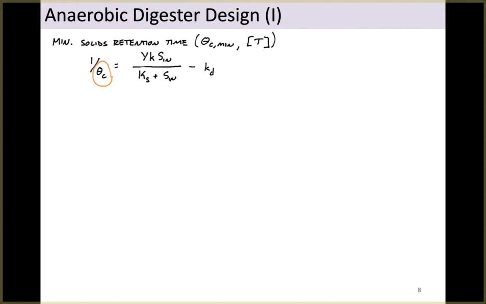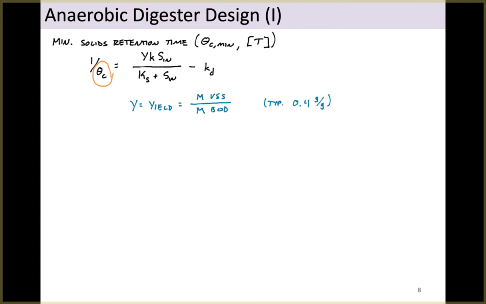So the minimum retention time to achieve washout is the case when growth and death are balanced, as we see on the right-hand side. Just to give you a reminder of what these things are, Y, capital Y is yield, and again that relates the mass of BOD in the denominator per mass of volatile suspended solids that you can generate in the numerator.